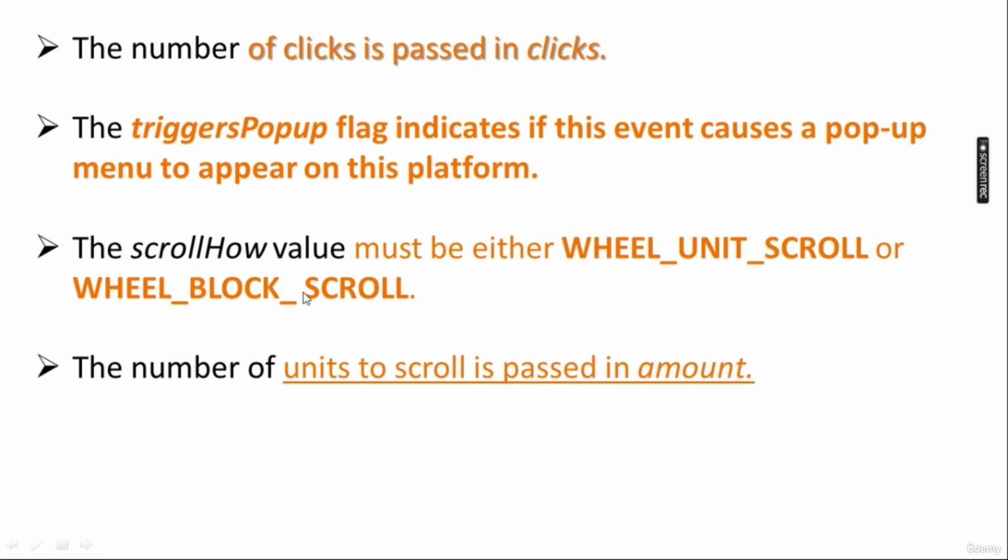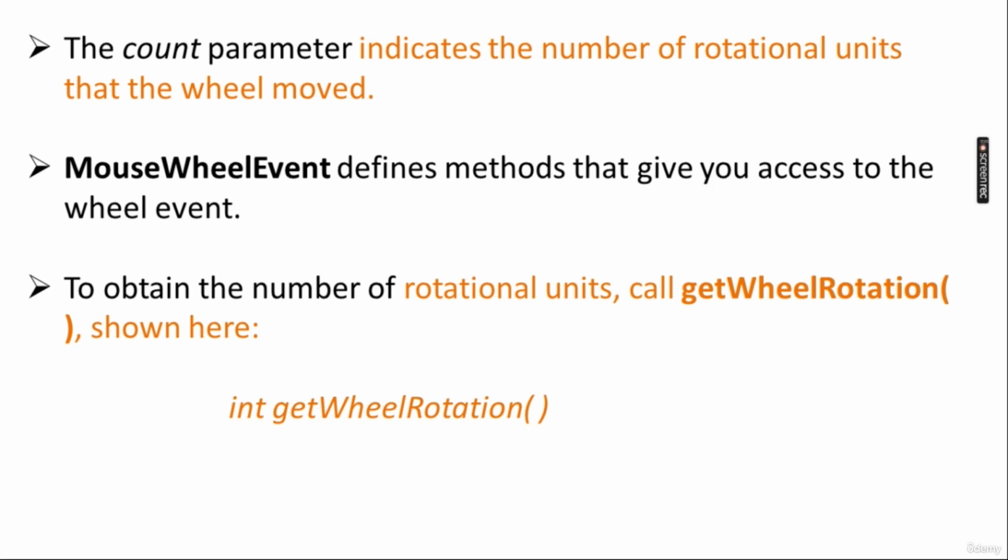The number of units to scroll is passed in amount. So if you are scrolling 5 by 5, the unit will be 5. If you are scrolling one by one, the unit will be 1, and so on.